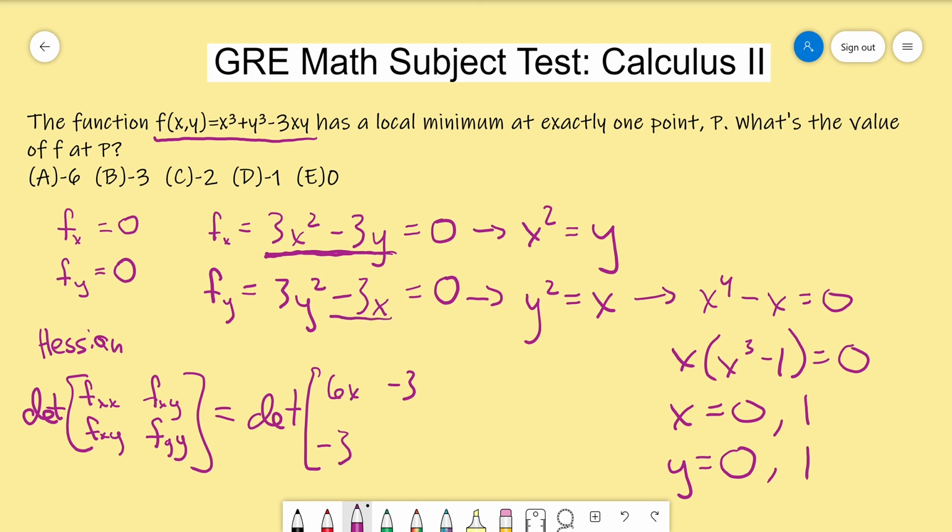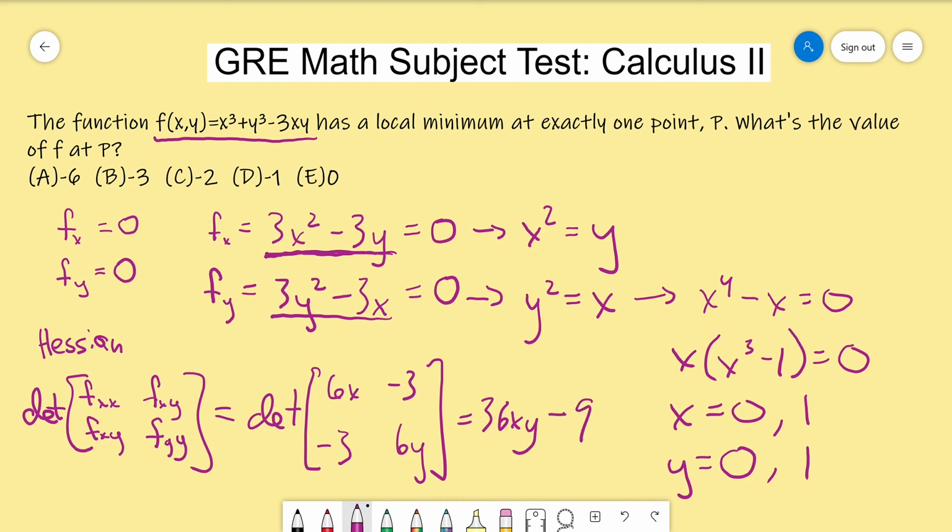And the derivative of fy with respect to y is going to be 6y. So our determinant is going to be 36xy minus negative 3 times negative 3, which is 9.